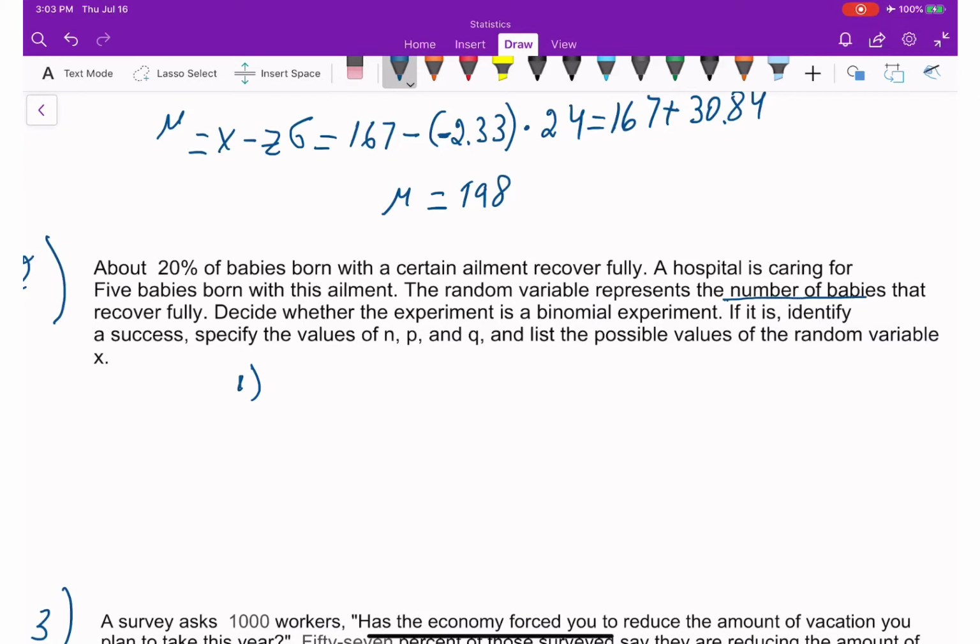It can be 7, 8, or 10, we don't know, but it's a fixed number. And they are independent. What happened to one baby has nothing to do with another baby. So it's a fixed number of trials, and they are independent.